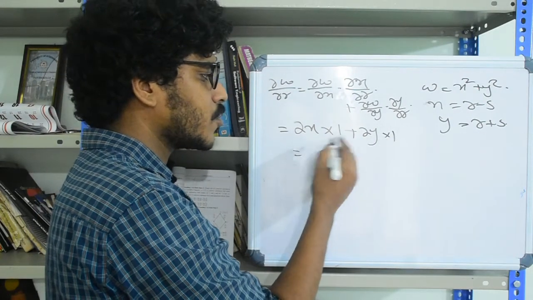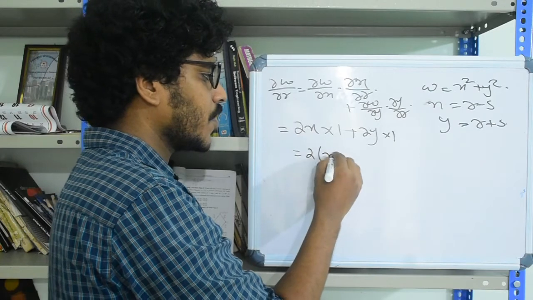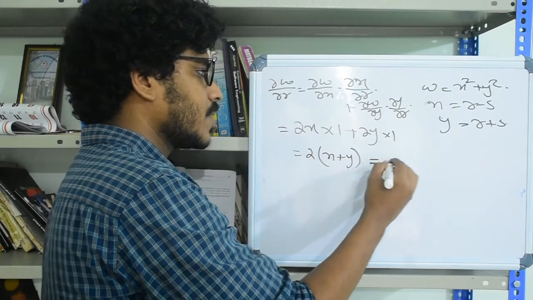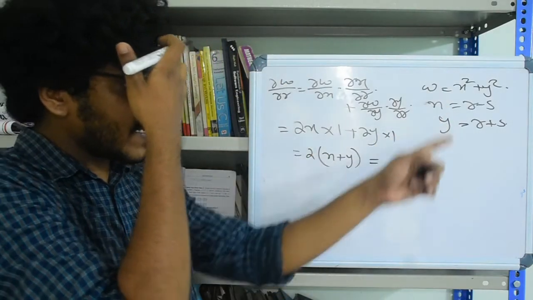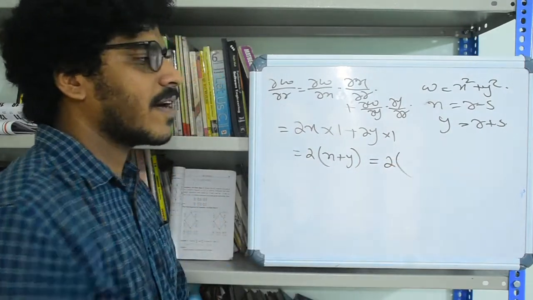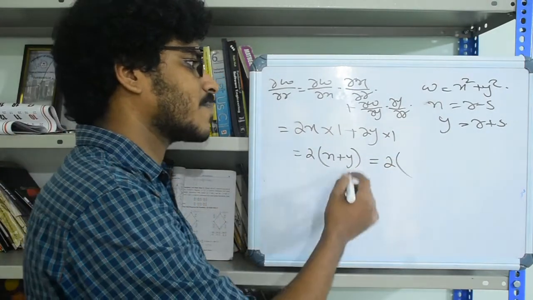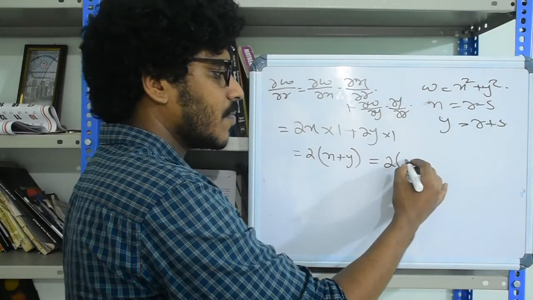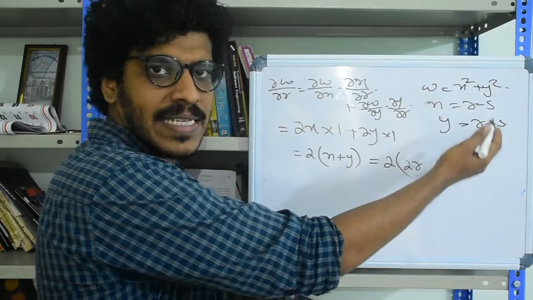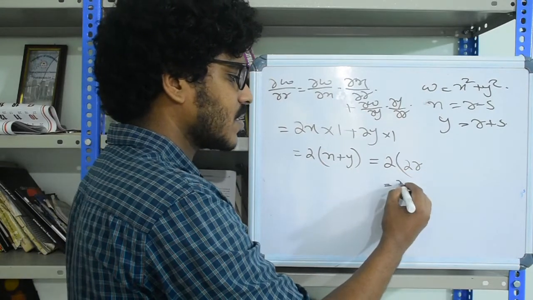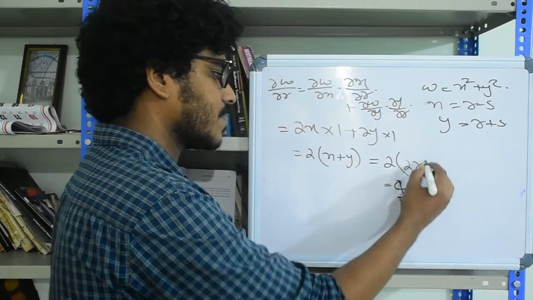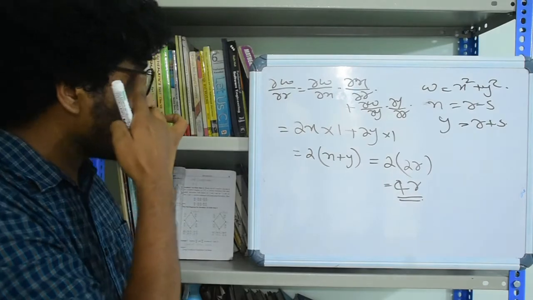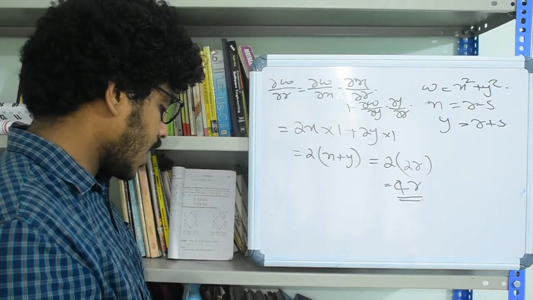So this is nothing but 2x plus 2y or 2 into x plus y. We have given x equal to r minus s and y equal to r plus s. So x plus y will be r minus s plus r plus s, which will be 2r. The s and minus s will be cancelled. So this means 4r. Right. So dou w by dou r is 4r.